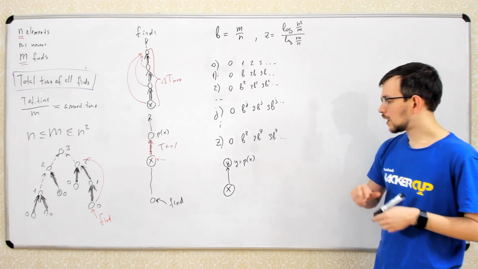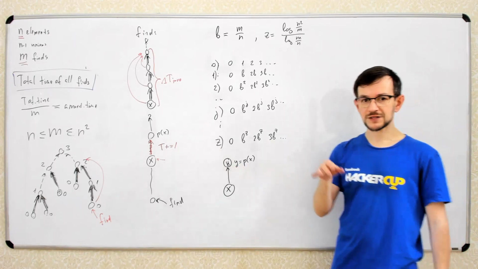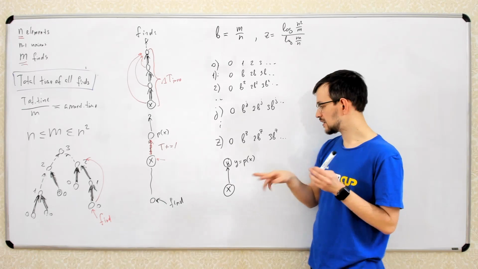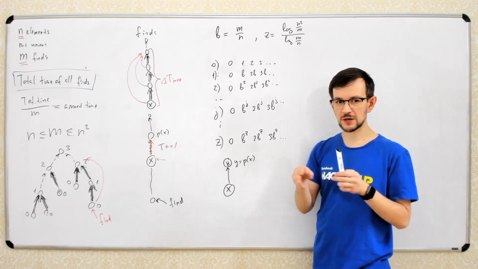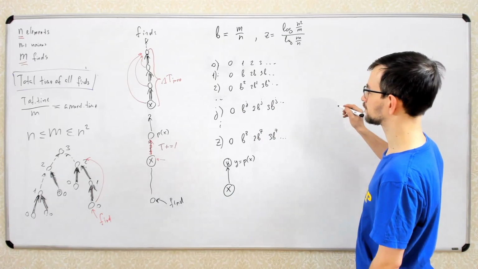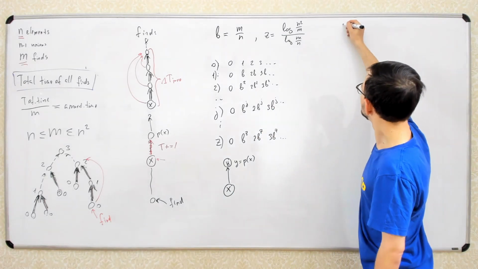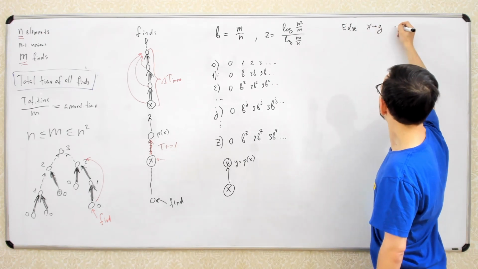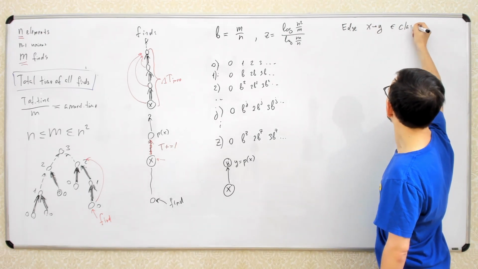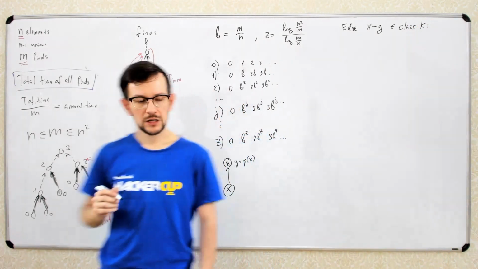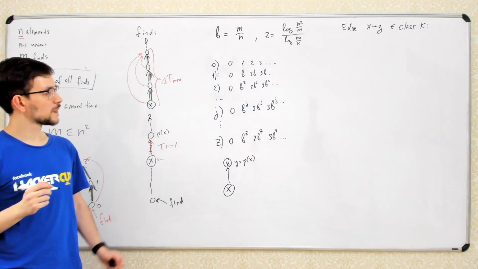Now, let's look at this edge. Let's assign classes to all edges. So let's say edge x, y has class k if the following holds.